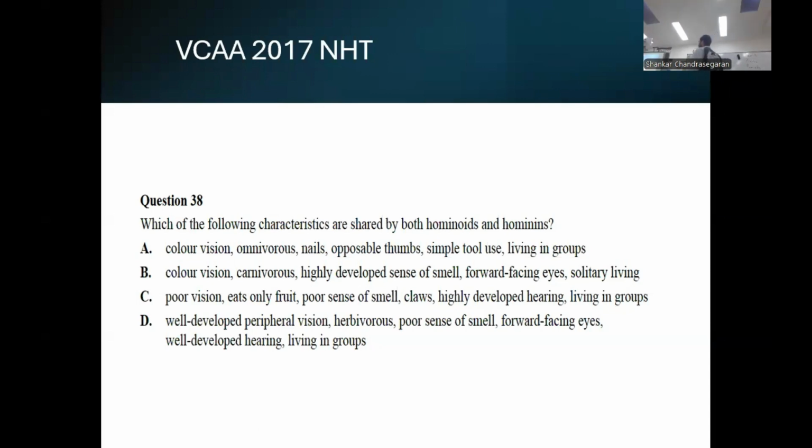First question. Which of the following characteristics are shared by both hominoids and also hominins? So essentially, things we have in common with hominoids and hominins. Let's look at the key defining traits of a hominoid.